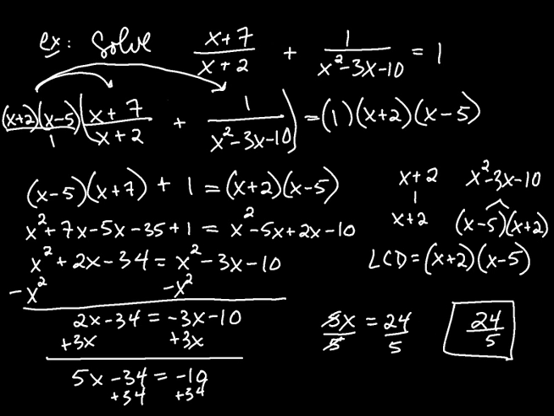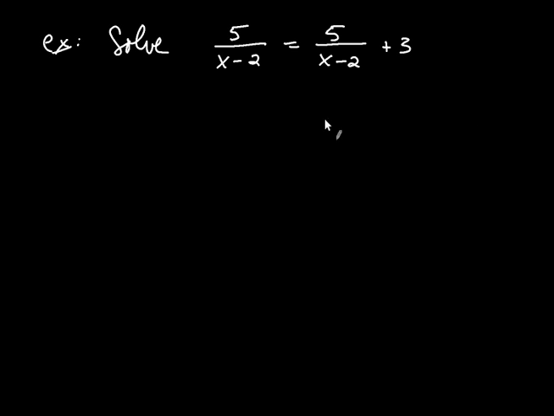Okay, let's take another one now. We're going to solve 5 over x minus 2 equals 5 over x minus 2 plus 3. Like I encouraged you to do last time, rewrite the original problem. So it's 5 over x minus 2 is equal to 5 over x minus 2 plus 3.